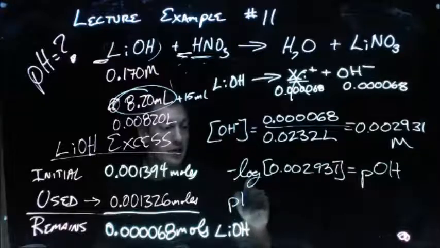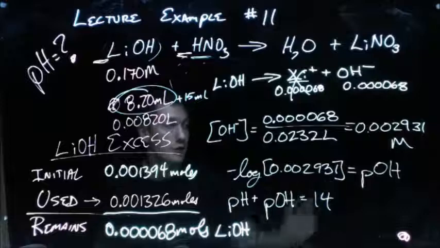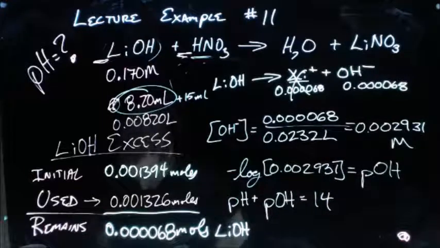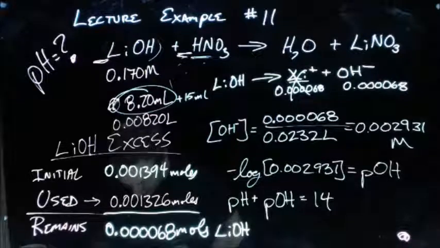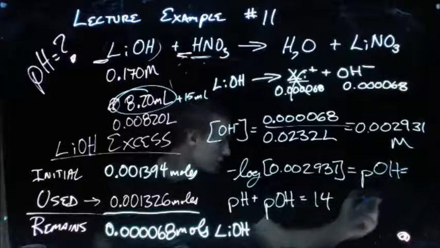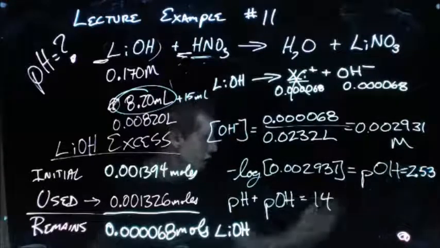So what's the negative log? The negative log of our hydroxide ion concentration gives us 2.53.